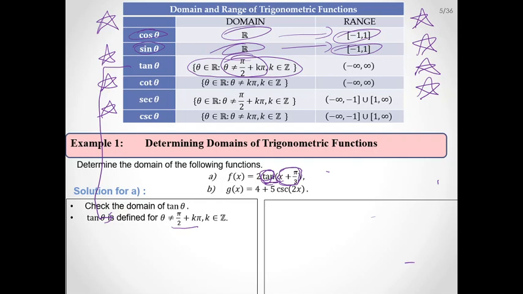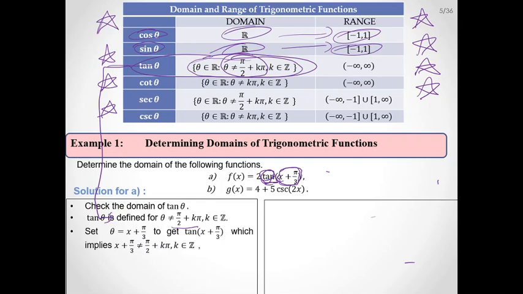Now, you know this from the domain, from the table, and then you set theta equal to x plus pi over 3. Inside tangent, we see x plus pi over 3. So you see that here we write theta for it, and then you solve it as I did. You solve it, it's not equal to.